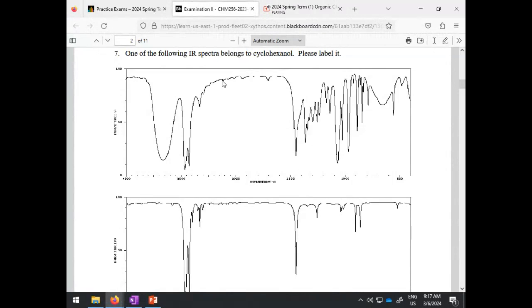An sp3 CO bond, as you see in regular alcohols, generally has a stretching frequency of about 1050 to 1100. But if you have an sp2 CO bond, which is what you see in phenol, it's about 1200 reciprocal centimeters. So that's something you need to look for.